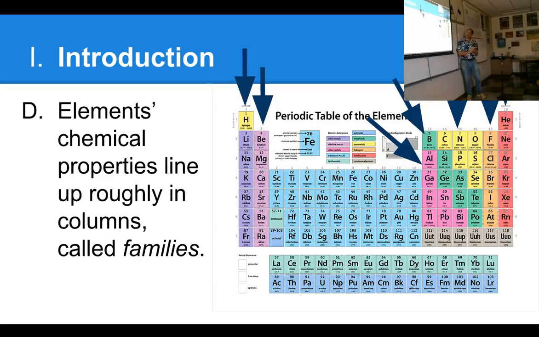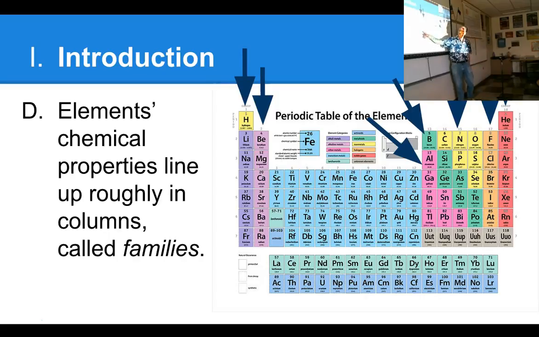You can either name the family by the first element at the top, so this would be the fluorine family, or you could name it by the number of the columns, so this is family 1 and family 2, and then these are a little weird, family 3, 4, 5, 6, 7, and 8. Or some of them have other names that the group has been given.